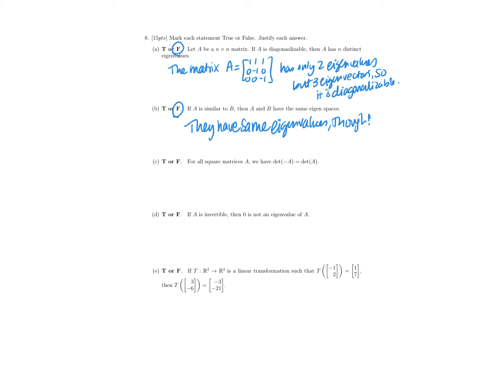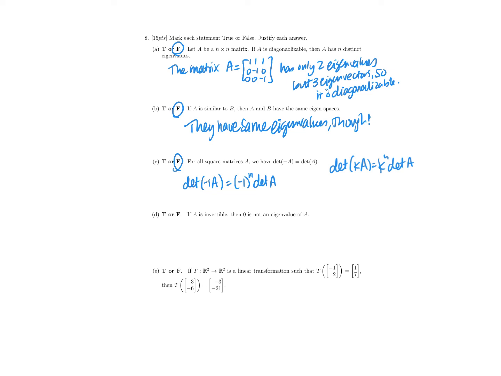Next: for all square matrices A, the determinant of negative A equals the determinant of A. We're going to use the theorem that the determinant of kA is equal to k to the n times the determinant of A. So the determinant of negative 1 times A is going to equal (-1) to the n times the determinant of A. Depending on what n is, that could be true, but if n is odd, it is false. So it's not true in general, so we're going to say it's false.